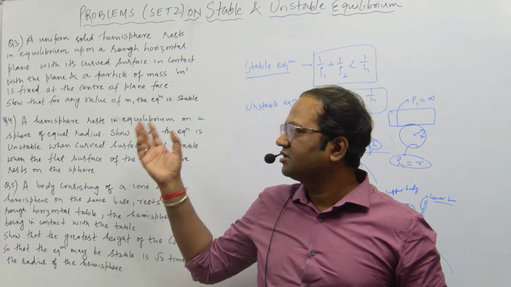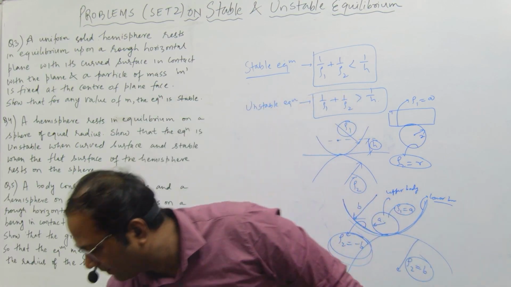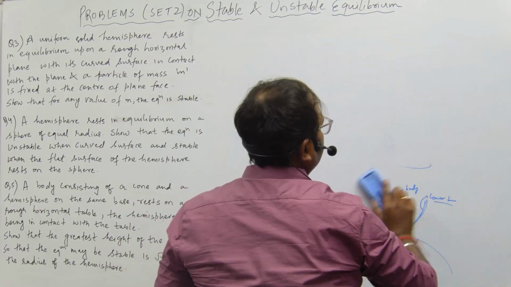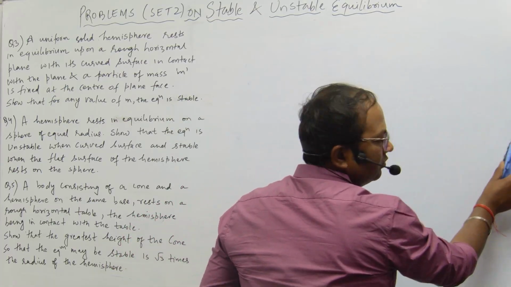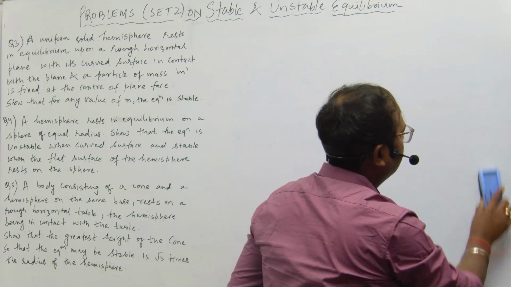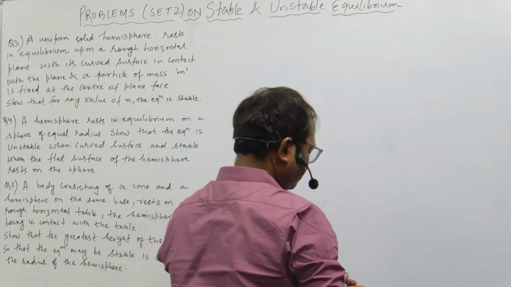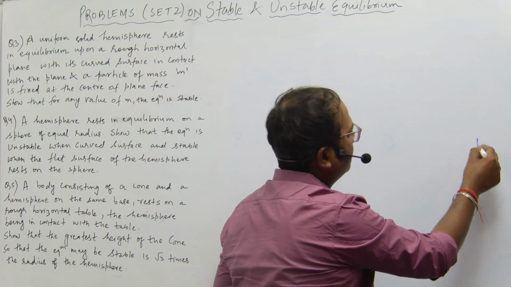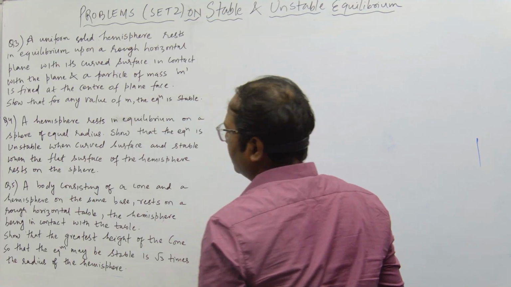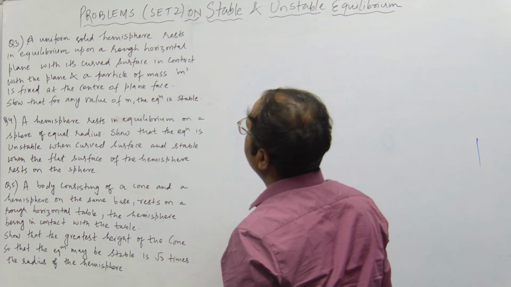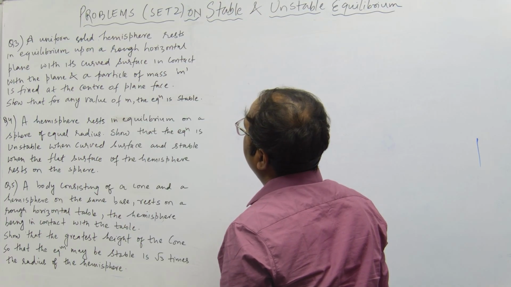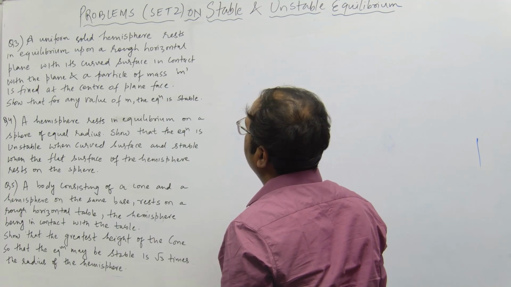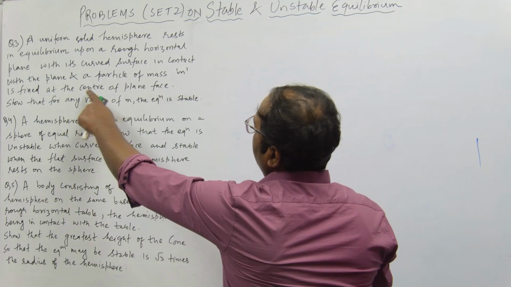Now let us start discussing these problems. In question number 3, a uniform solid hemisphere rests in equilibrium upon a rough horizontal plane with its curved surface in contact with the plane, and a particle of mass small m is fixed at the center of the plane face.